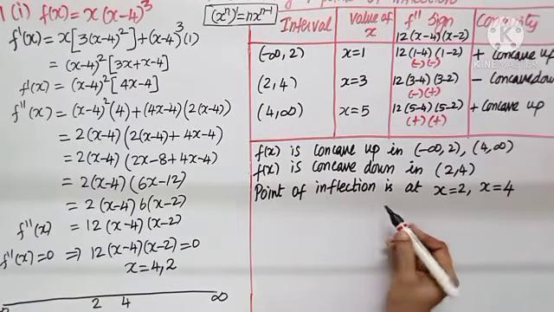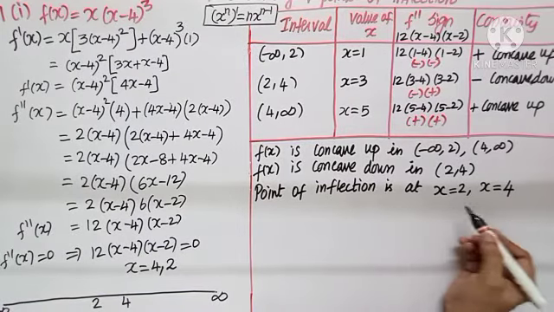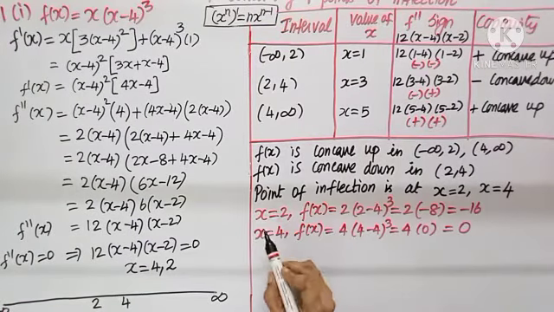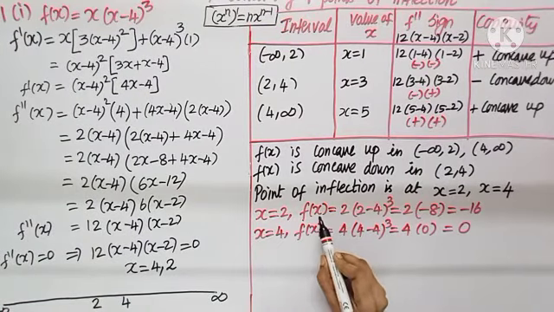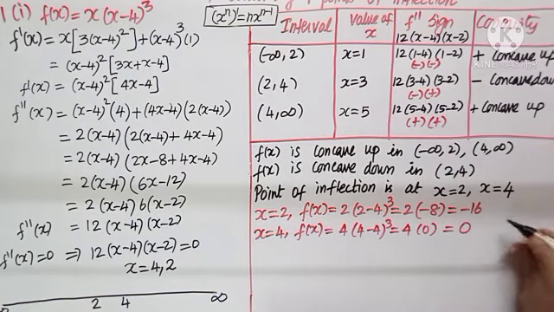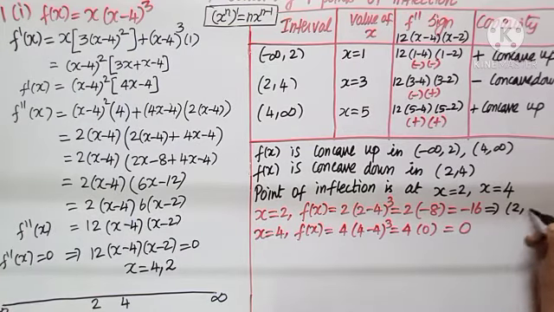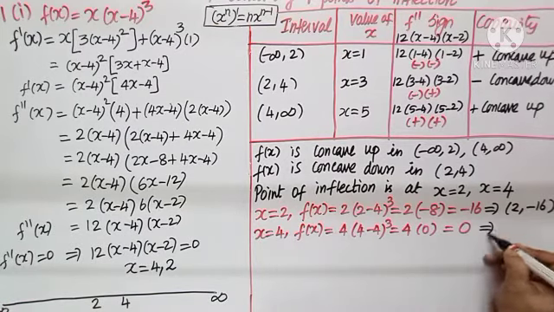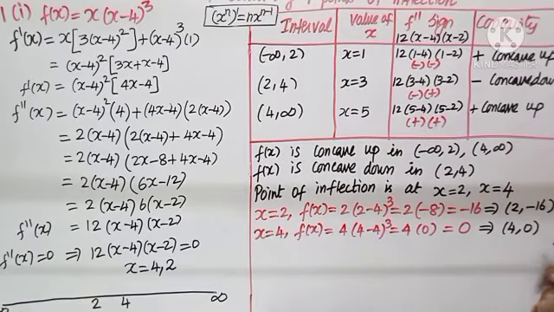Find the point of inflection. It tells me to find the f value also. As x is equal to 2, f of x is minus 16. So the point is 2, minus 16. When x is equal to 4, f of x is 0. So the point is 4, 0.